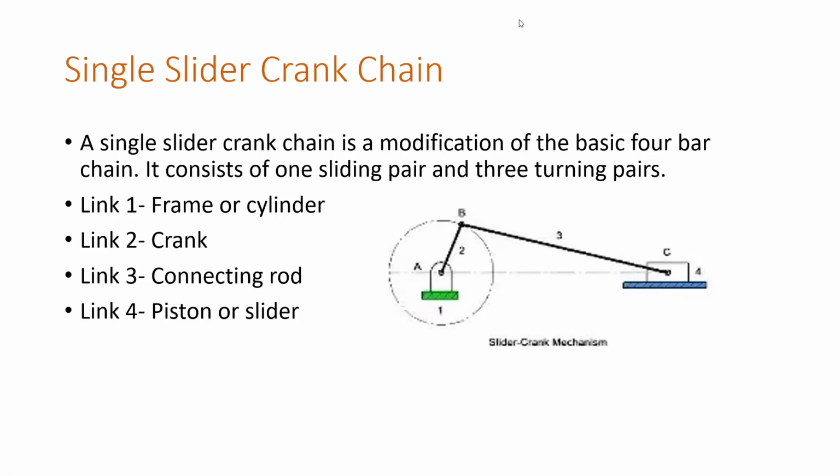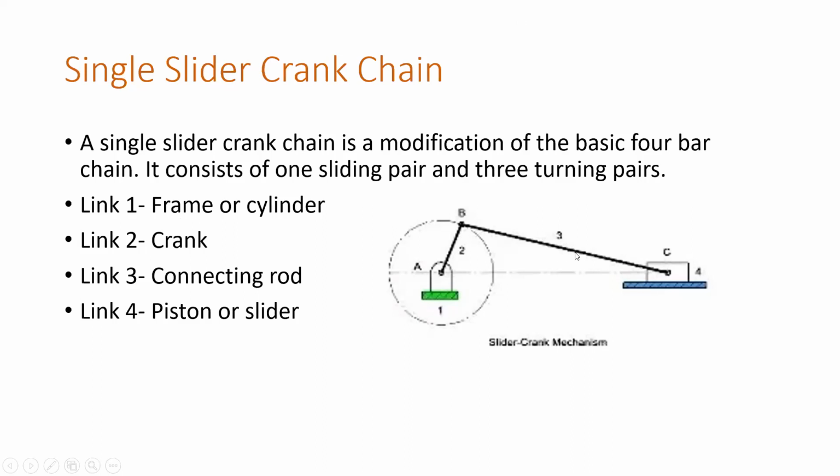Okay. So there is the single slider crank chain. In this, there is one sliding pair. See, it is connected like this. It is a frame, frame 1. To the frame, this crank is connected, second.